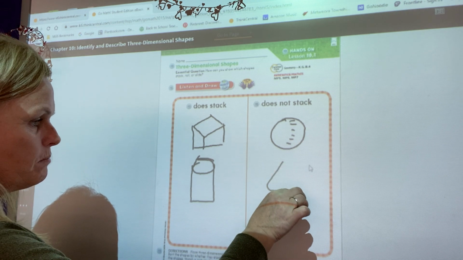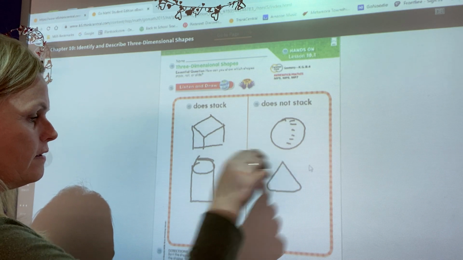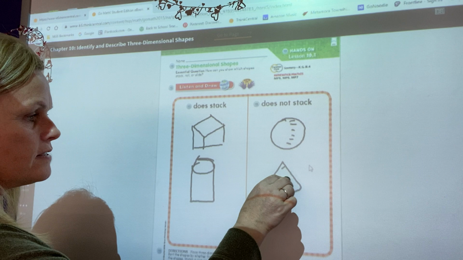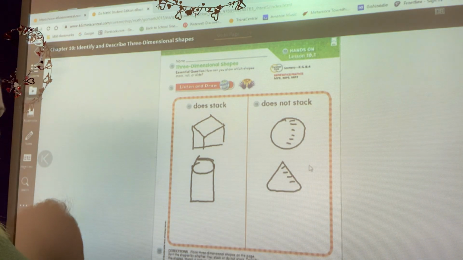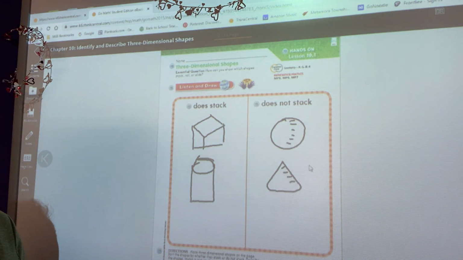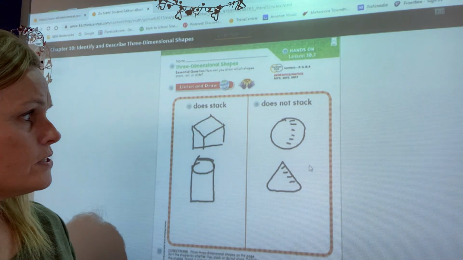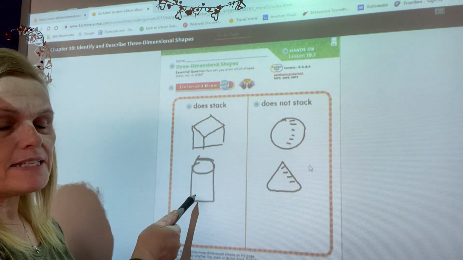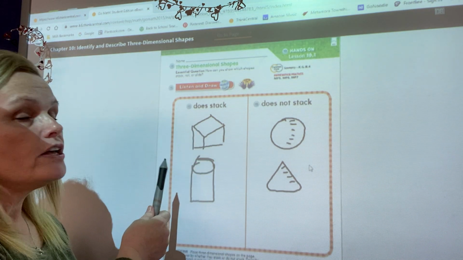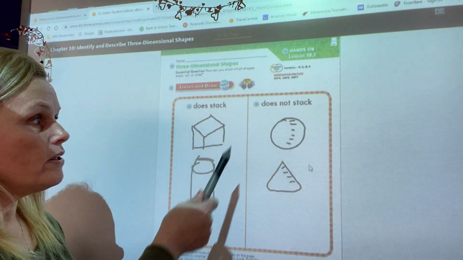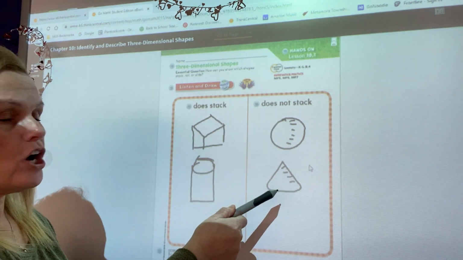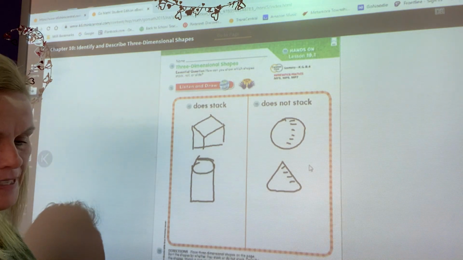I should have fixed it before I started. And you can draw those lines again in there to notice that it would be three-dimensional. So a cube and a cylinder do stack. They are stackable. And a sphere and a cone are not stackable.